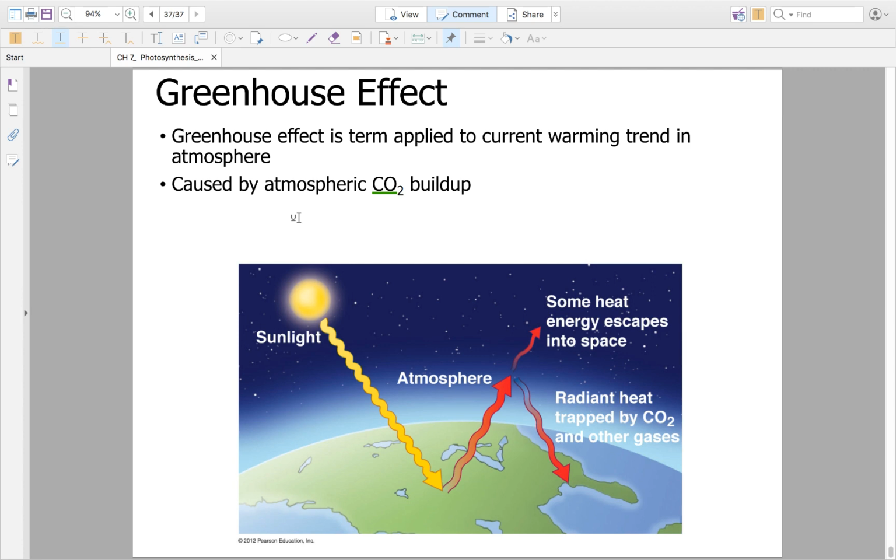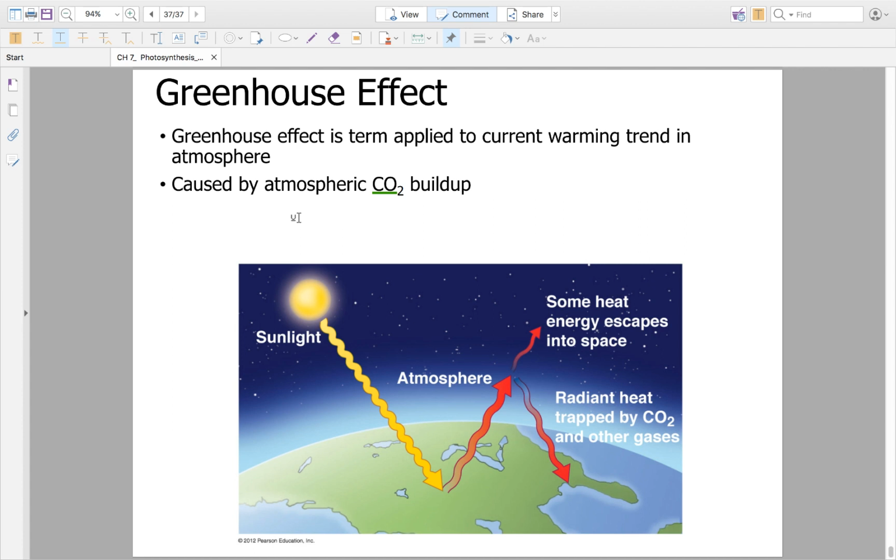And basically, why do we have too much atmospheric CO2? Well, ever since the Industrial Revolution, where we started mining and burning coal and burning oils, burning fossil fuels, cutting down trees, the planet is in some pretty bad shape here. Now, what greenhouse gases do is they basically create this greenhouse effect.